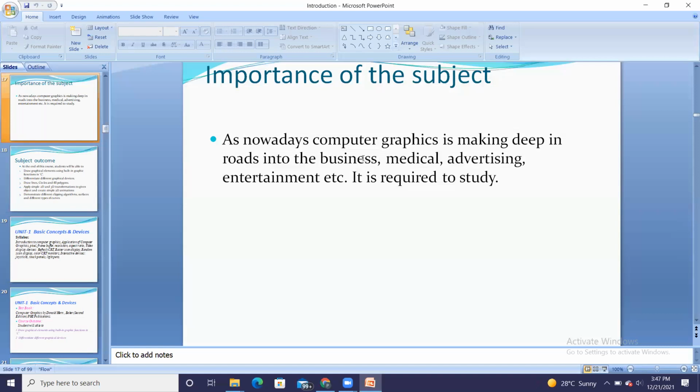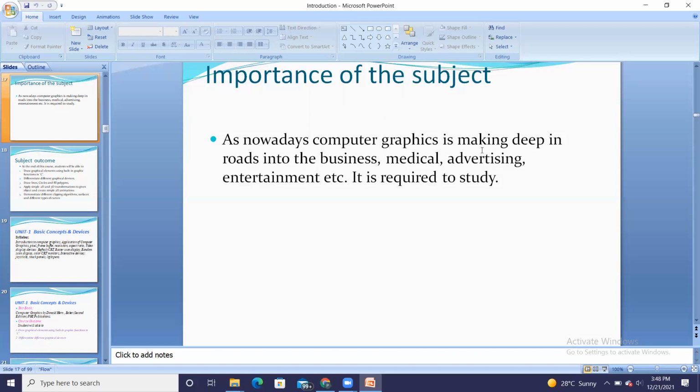In business, it may be the representation of growth or financial things like comparing budgets. In medical applications also, early detection of cancer and so on. For that, we should be aware of image processing, and that is one part of computer graphics.